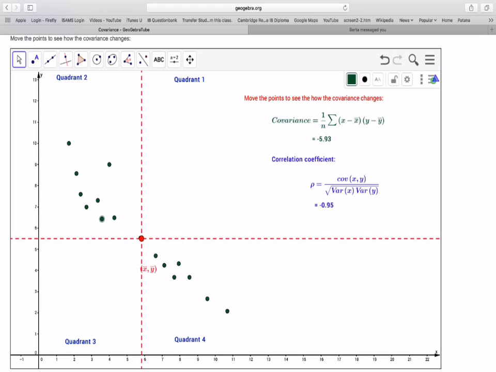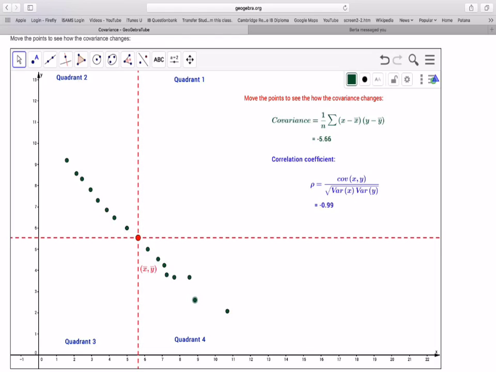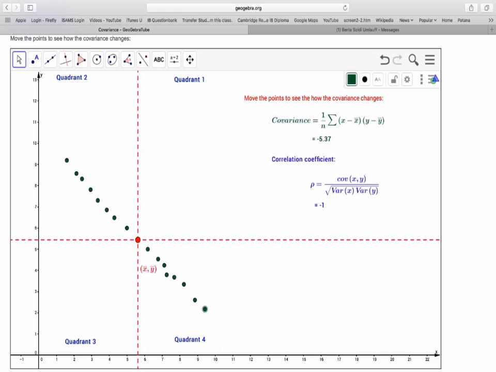I can also put this in an almost negative straight line, moving it away from the means. You can see that we've got an almost negative straight line here, and the correlation coefficient will be equal to -1.